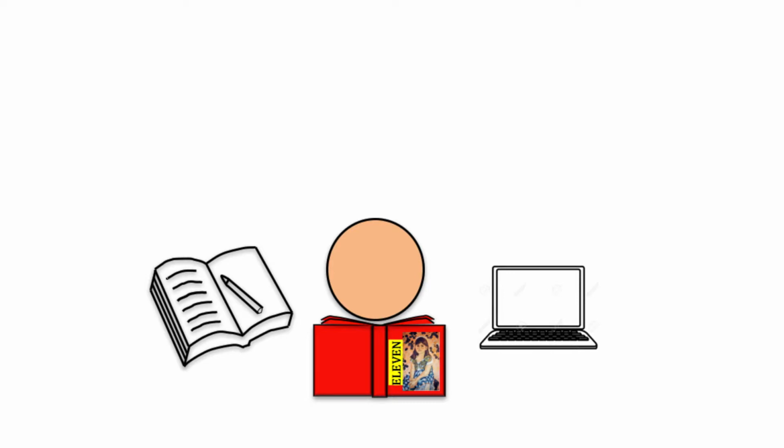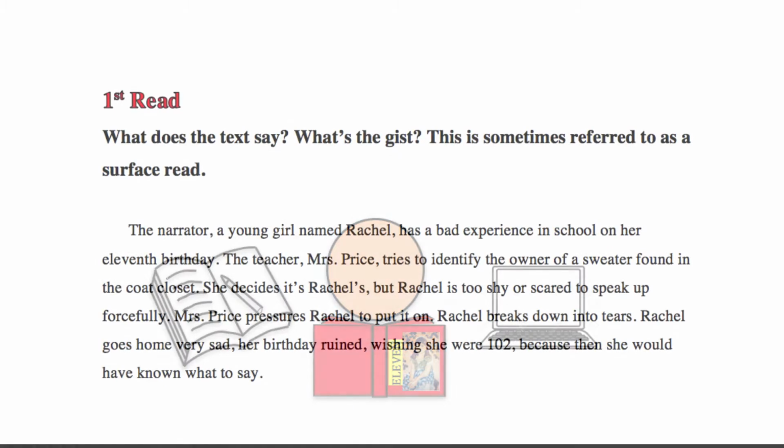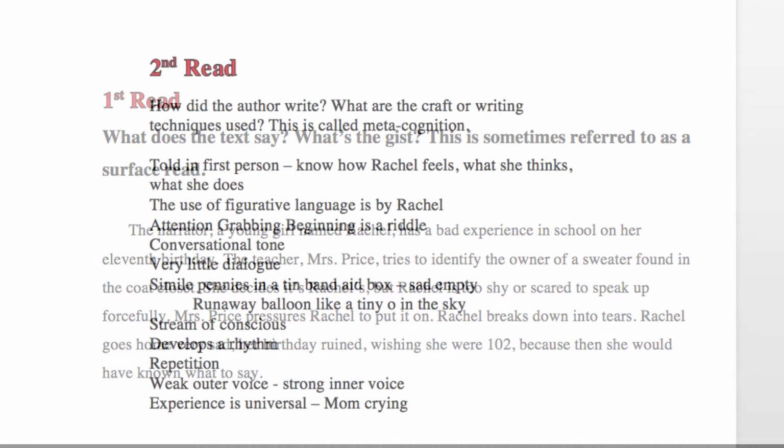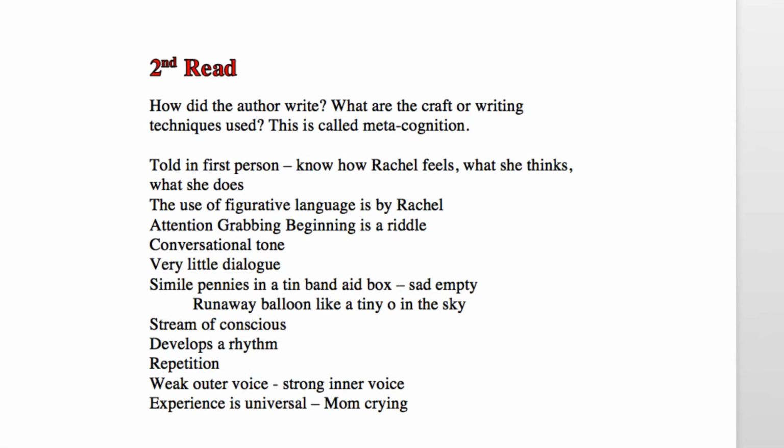Here's one example of what it could look like. First read. What does the text say? What's the gist? This is sometimes referred to as a surface read. Second read. How did the author write? The reader rises above the surface level of the text and begins to examine it differently.